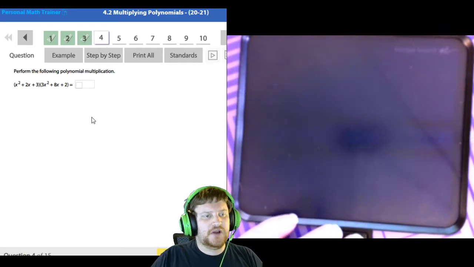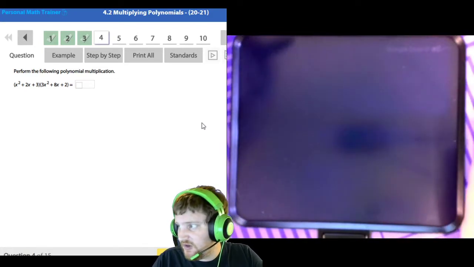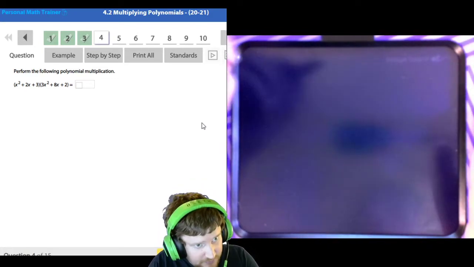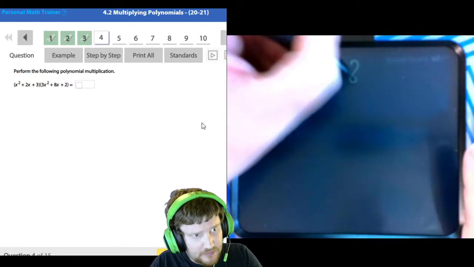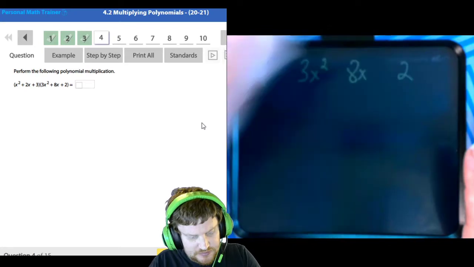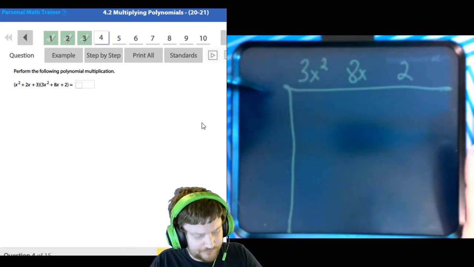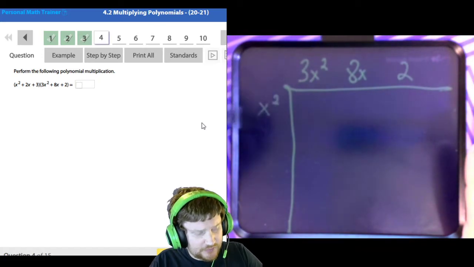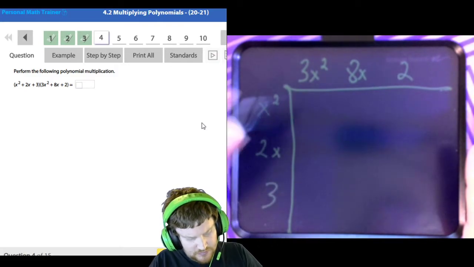And I have learned my lesson, so I'm going to go ahead and do this in a box as well, because it's much easier to find your mistakes when you're using the box method. 3x squared, 8x, 2. X squared, 2x, 3.